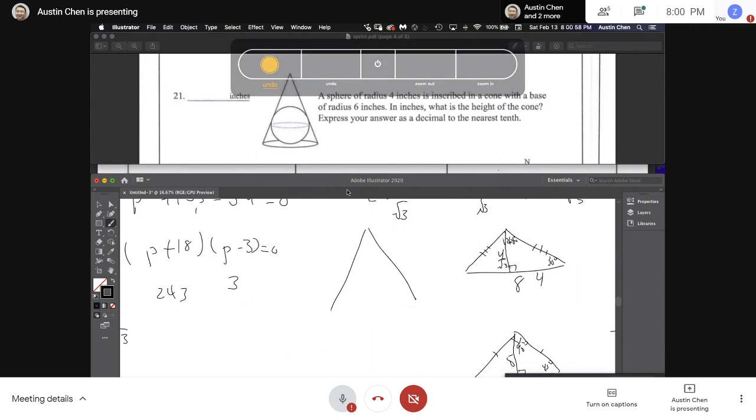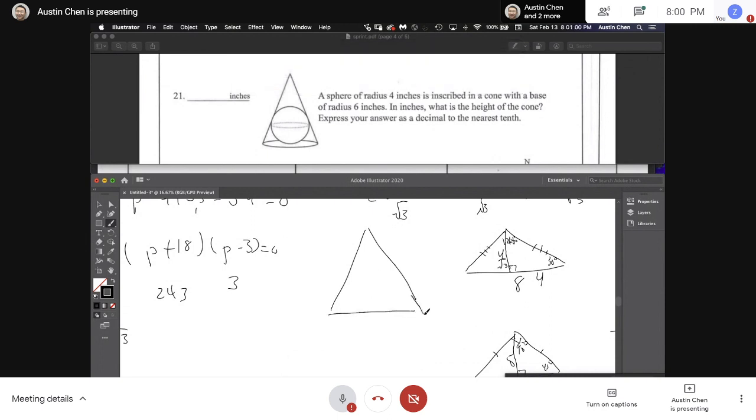Okay, I should probably draw my circle better. Oh my God, I can't draw a circle. Okay, so let's drop this height down. We're taking the middle cut section. So this is going to be 6. The radius of the circle is going to be 4. This is the center. This drop down is going to be 4.